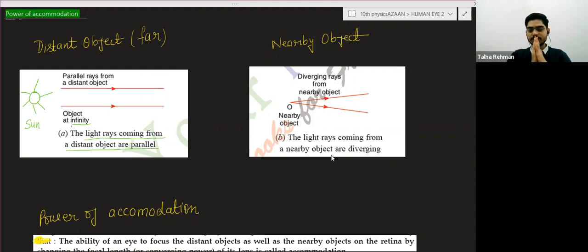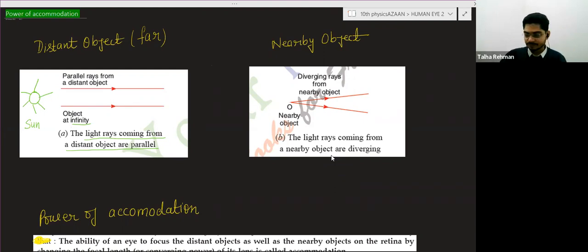So if I am watching this mobile phone, the light rays entering into my eyes are diverging. This mobile phone is giving diverging light rays, and those diverging light rays are entering into my eyes.